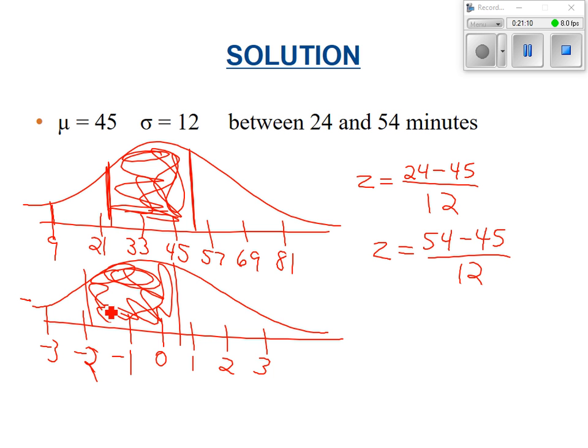Now instead of changing all the Z-scores, I want you to know how to use the Z-scores. But what you can do on your calculator is it'll allow you to do it without changing everything to Z-scores. So if you grab your calculator, I'm going to show you how to do this. It's basically the same steps.